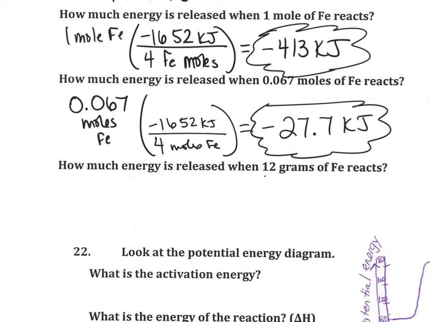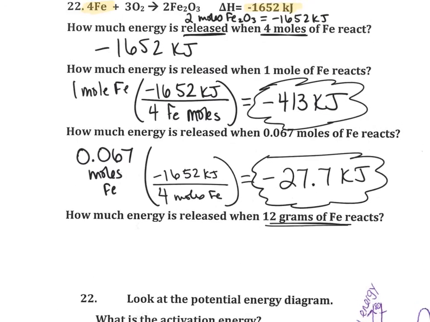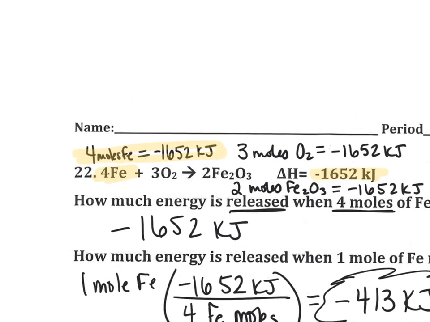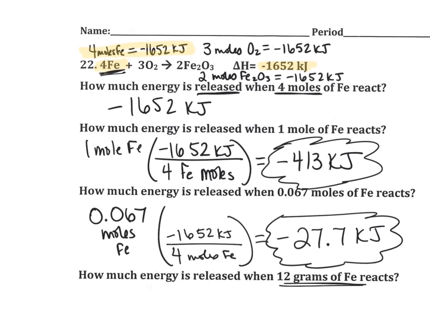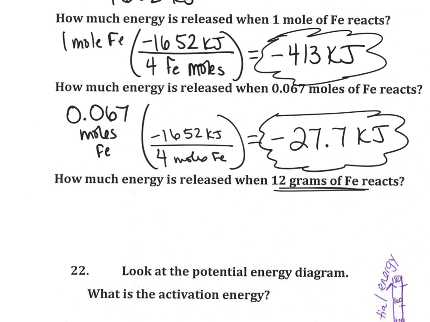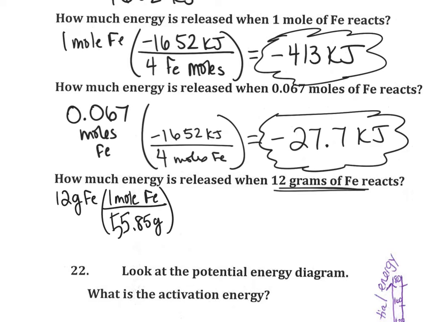It says 12 grams of iron. Well, we have to remember that this balanced equation here tells us a relationship of moles to energy. So the only way that we can figure this out is we have to get that 12 grams of iron into moles of iron. So I'm going to look up the molar mass of iron, and the molar mass of iron is 55.85 grams.